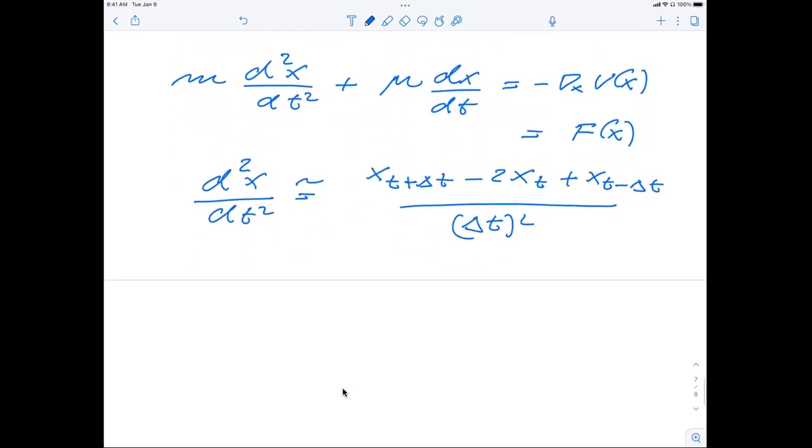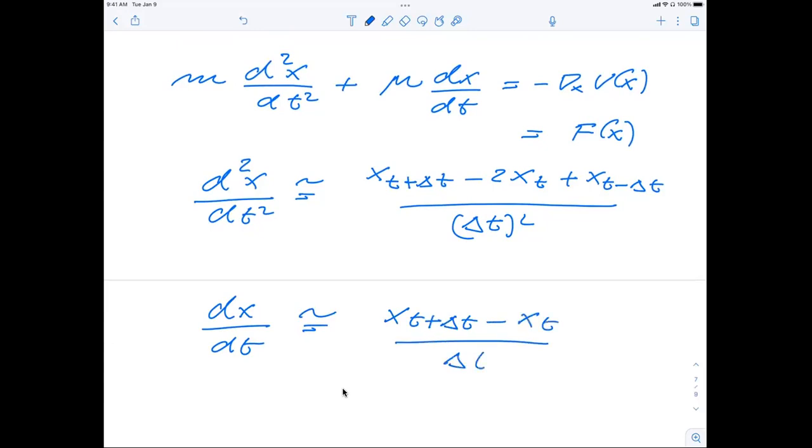Then the next term which we need, and here we just take Euler's forward method. So this is approximated with x of t plus delta t minus x of t divided by delta t.